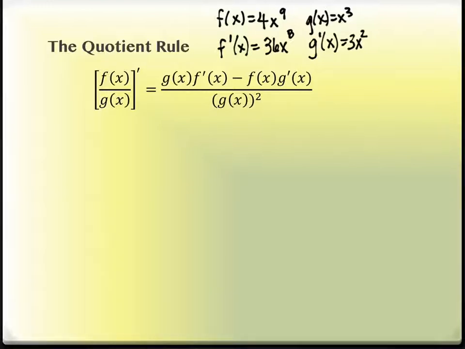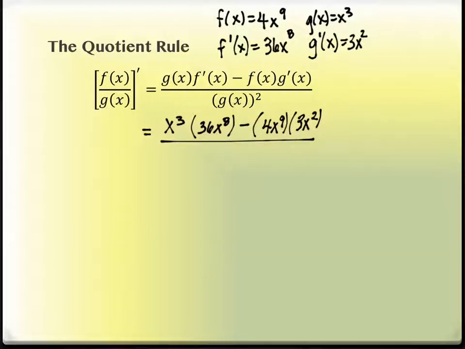So if I really tried this rule with those pieces, I'd have an x cubed here times the derivative of the first one, which is 36x to the 8th, minus 4x to the 9th times 3x squared, divided by the original denominator, x cubed squared.